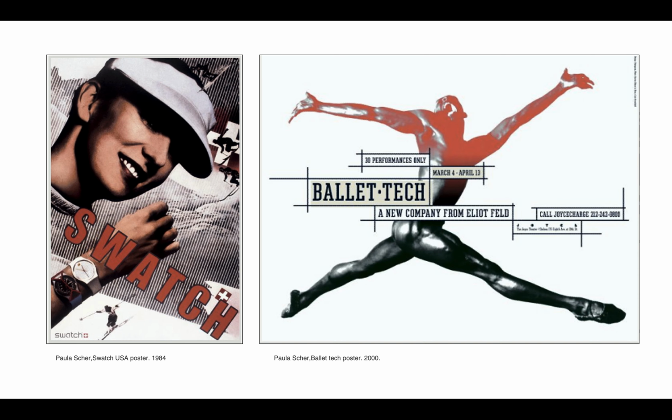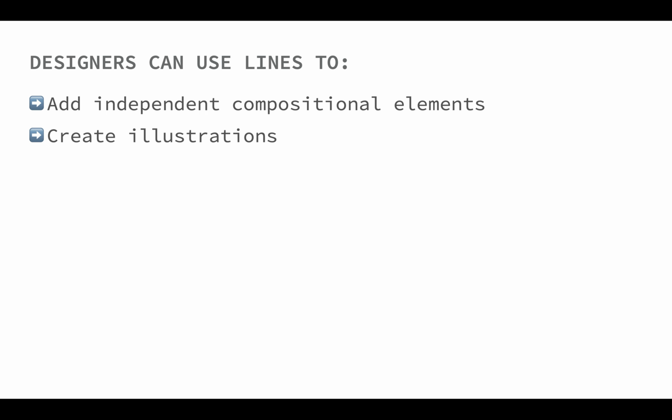brand name. We can combine lines. We can use rectangular sharp edges and combine that with curved lines. We can just use line as an add-on. We can again create illustrations as well.